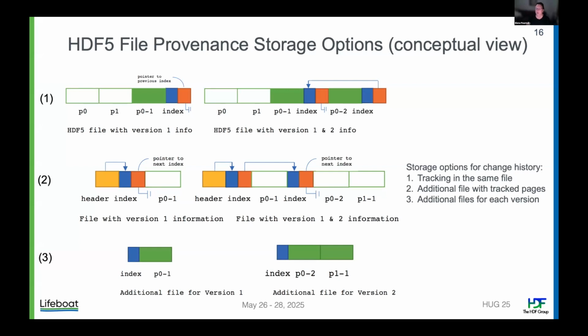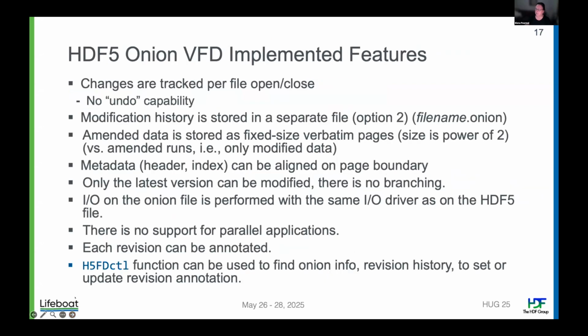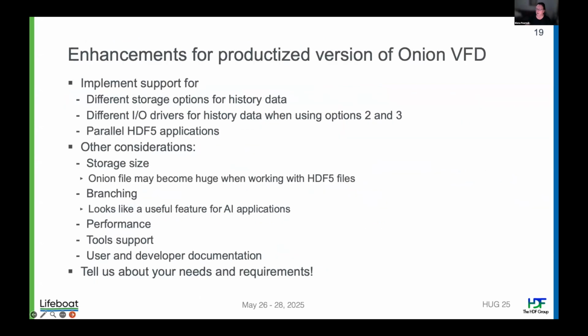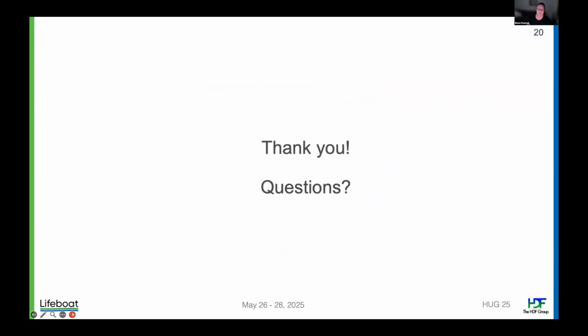If you modify 1 byte in a logical page, the whole logical page with just 1 byte changed will be stored instead of storing just the modified byte and the location of this byte. That's why your input is very important for us to understand what the priorities will be, where we should take development of the Onion VFD further and release it in a more mature state. So thank you so much, and you can find all information on my slides.